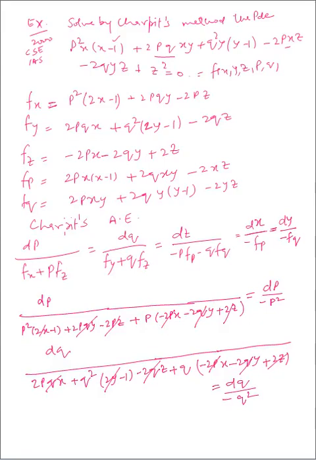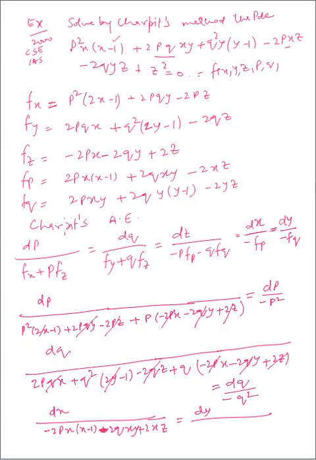So we try to find other values, and we see that dx upon minus fp is minus 2px (x minus 1) plus 2qxy minus 2xz, and dy upon minus fq. So minus fp means we have to change the sign of each.